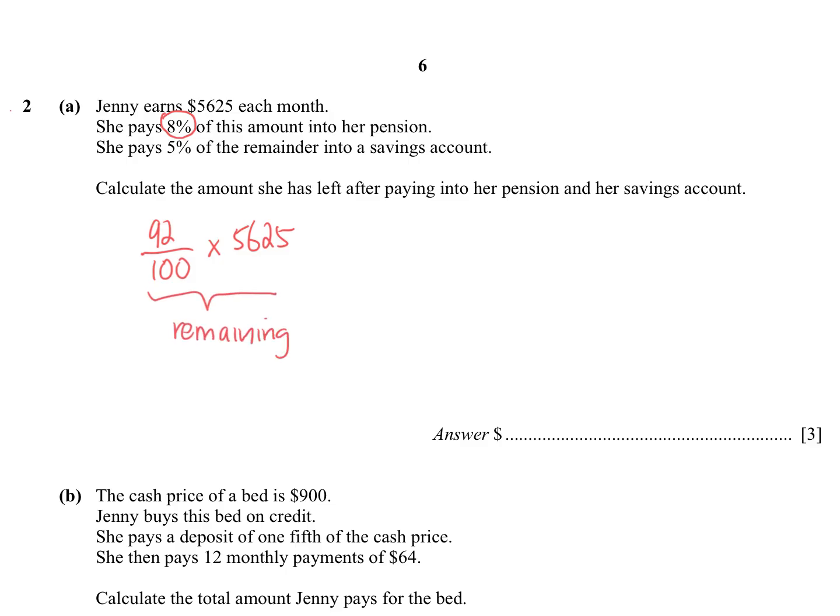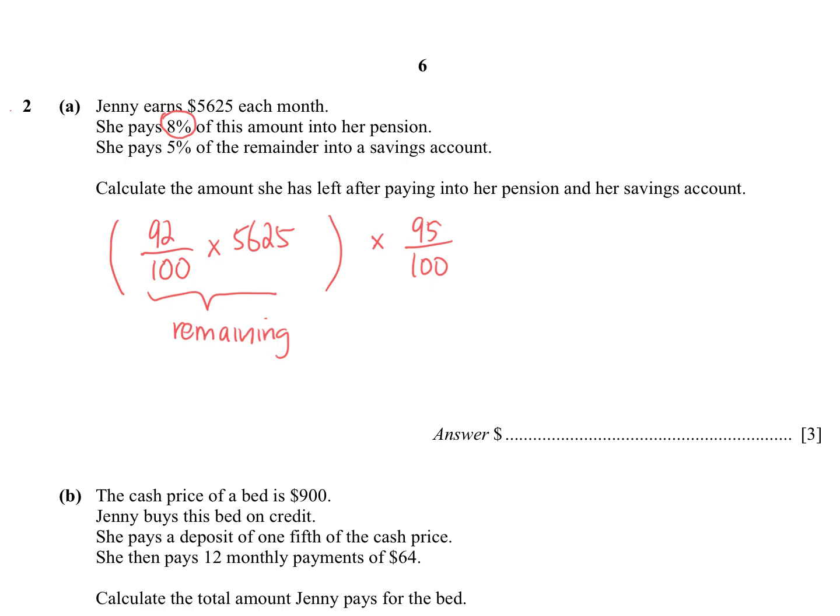Then it says that 5% of the remainder will be placed in her savings account. So 95% of the remaining will be left. So I will multiply this amount by 95%. So I don't have to always go and subtract off. I don't have to round off many times. So if you do it in one step, then straight away get the answer.